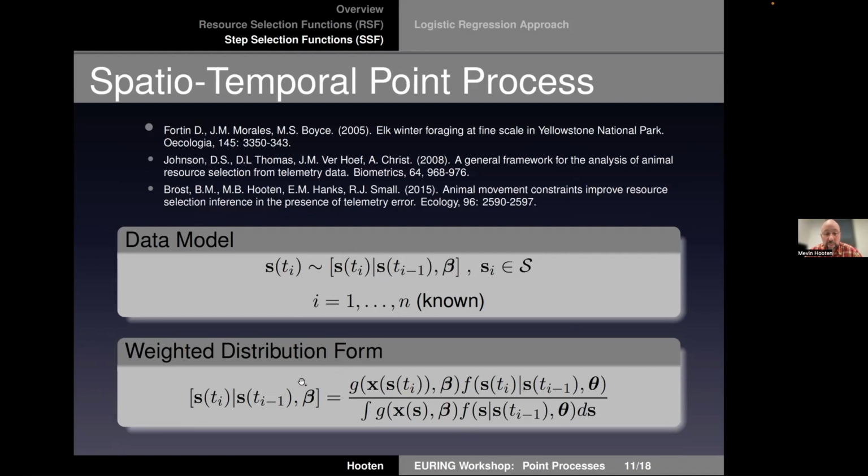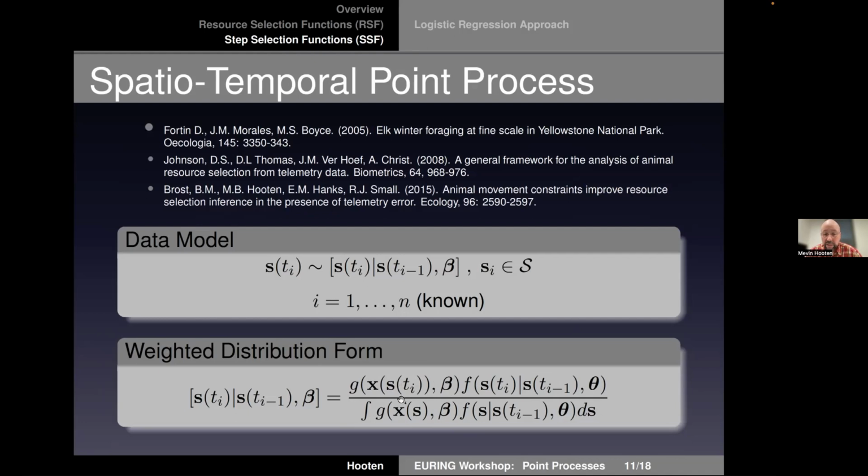And this is the most common way, probably, using that weighted distribution idea again. Notice that it has a similar form as before. It's a fractional form where you've got now a product of two functions in the numerator, g and f, and then an integration of those two functions in the denominator with respect to the space, the geographic space. That's it. So how does it work? What are the two functions?